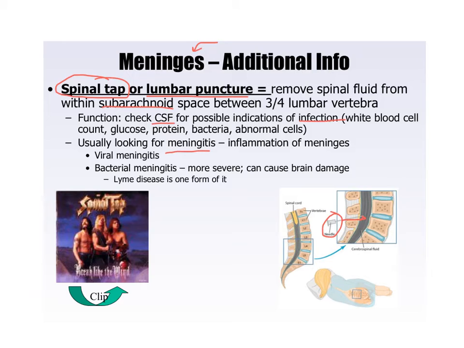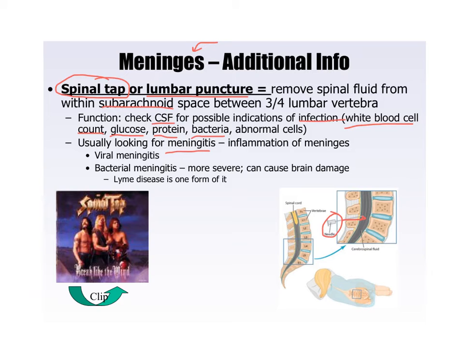So they remove that cerebrospinal fluid from the subarachnoid space, and they're going to check it for things like glucose. If there's low glucose, that means there might be some cells like bacteria or possibly cancer, which is taking up that glucose to use for themselves. High protein levels to check for the bacteria themselves, or for like white blood cell count, because elevated white blood cells can be a sign there's some sort of infection.